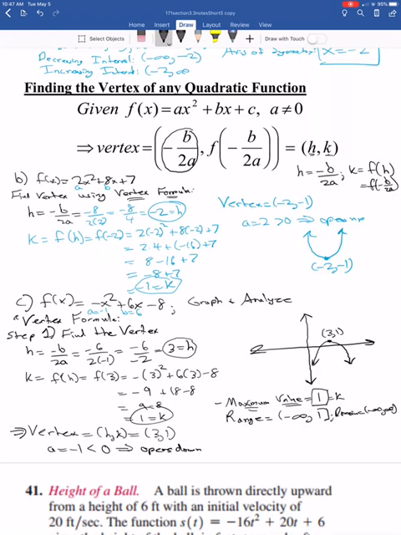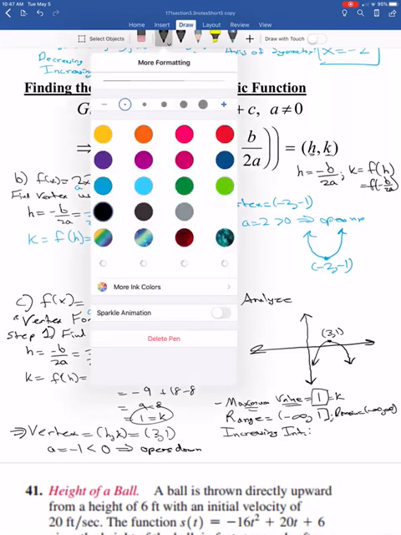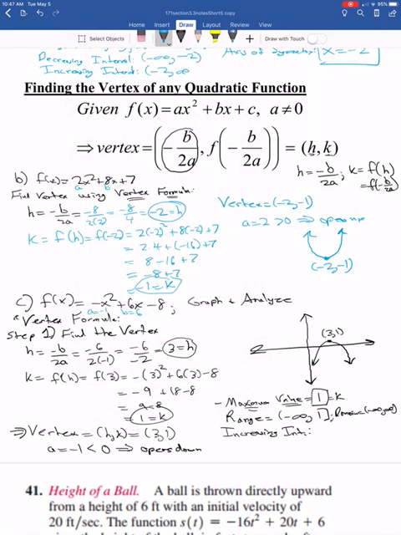We know that our increasing interval and decreasing interval revolve around that vertex. Let's write in that interval. We're looking at our graph, let's put it in blue. Between negative infinity and 3, our graph is increasing, so all x values less than 3. Remember, we never use brackets on increasing and decreasing intervals. We're looking to the left and right of that vertex.